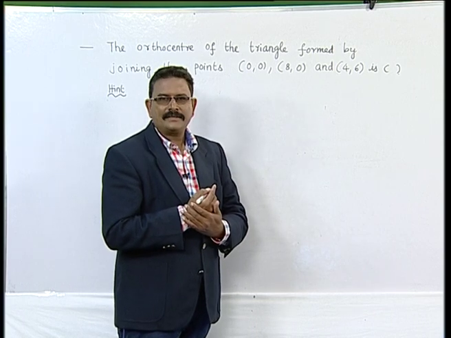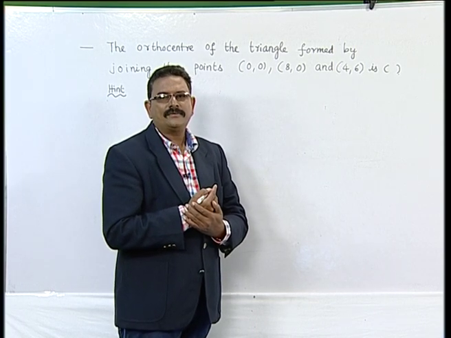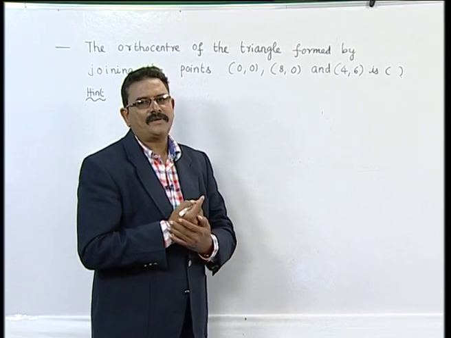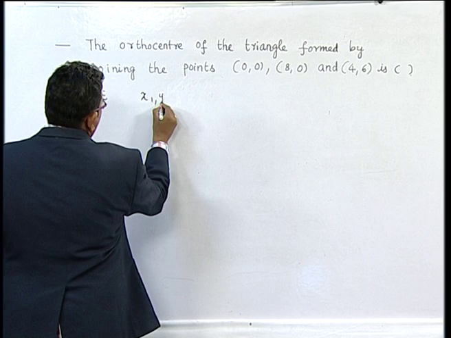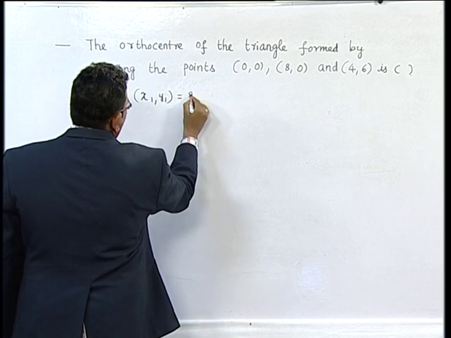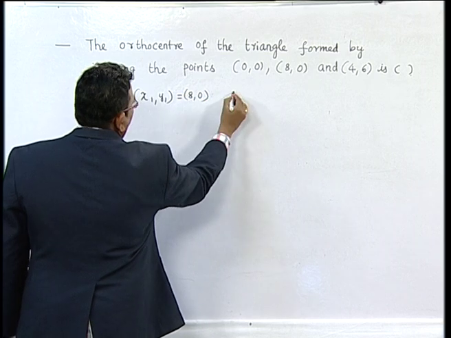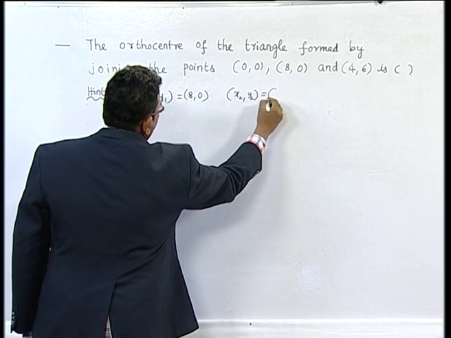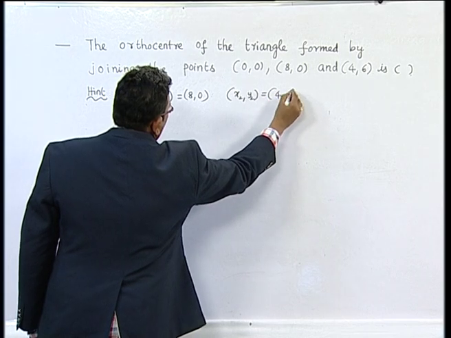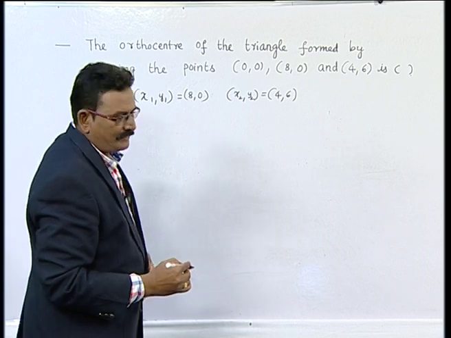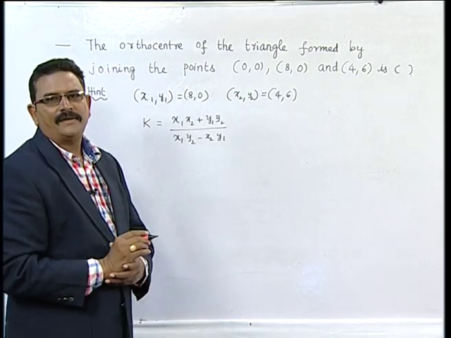So, that is k times y2 minus y1, comma, k times x1 minus x2. Here (x1, y1) is (8, 0) and (x2, y2) is (4, 6). We already discussed how to find the orthocenter of a triangle. First, let us find the value of k.